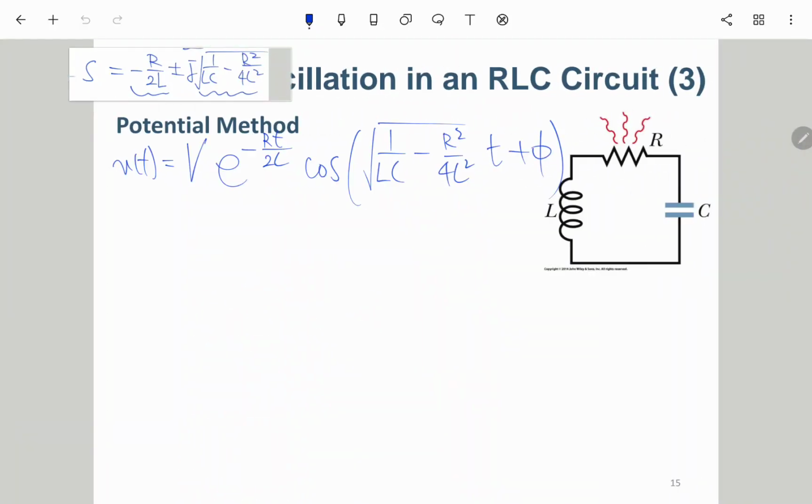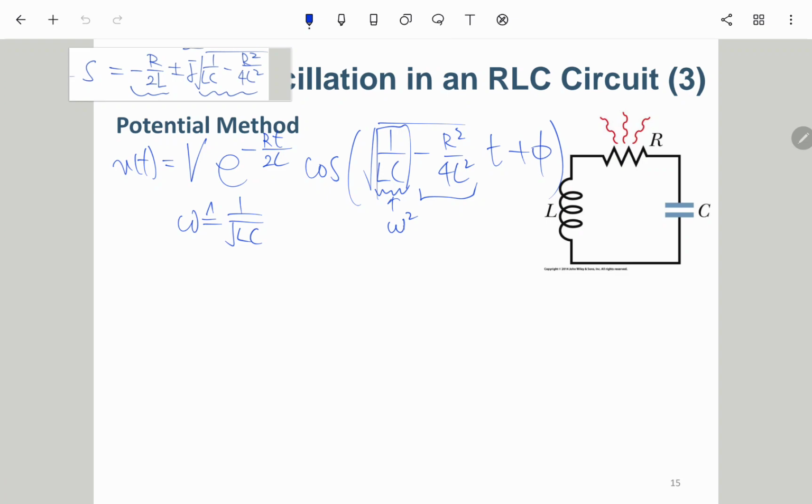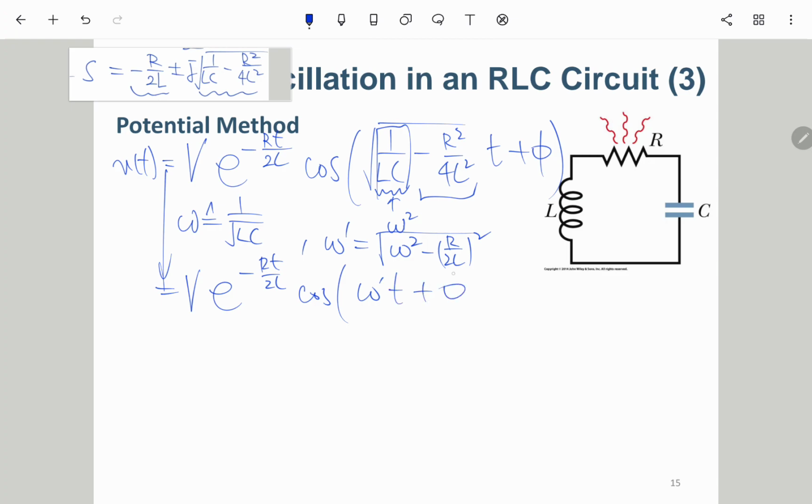We define that omega is 1 over the square root of LC, so this thing inside becomes omega squared. We write it as V exponential to negative Rt over 2L, and then cosine of omega prime t plus phi, where we define omega prime to be the square root of omega squared minus R over 2L, whole squared.